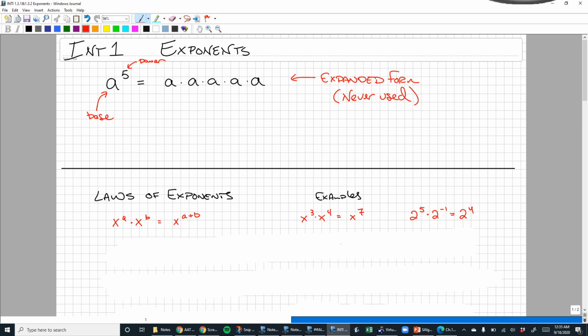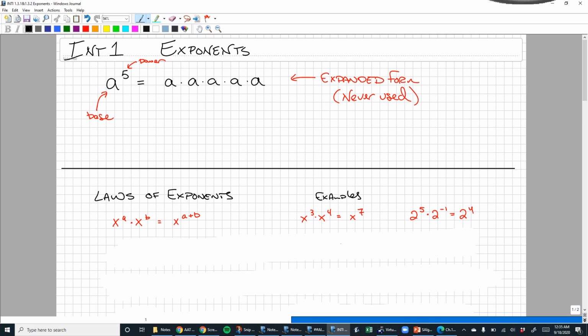If the bases are the same and they're multiplied together, we can add those exponents. So right here, x to the power of 3 times x to the power of 4 is equal to x to the power of 7 because we added 3 and 4. Same thing over here. If we have a negative exponent, we add it to the positive exponent of 5, and we get a solution that is 2, our common base, to the power of 4.